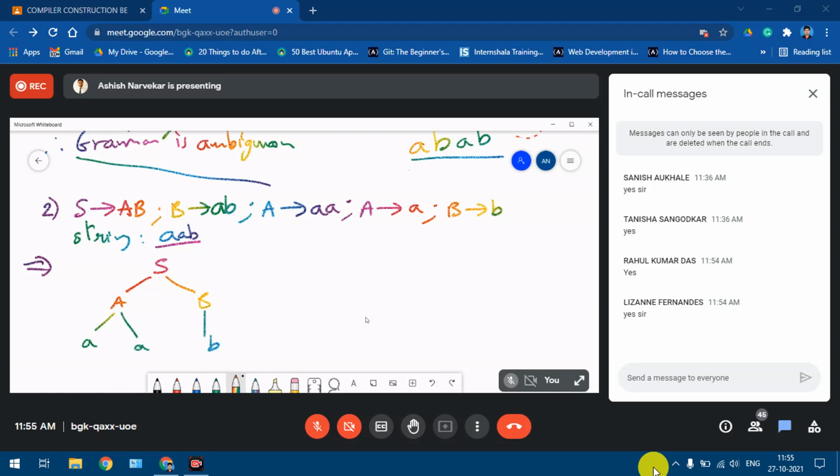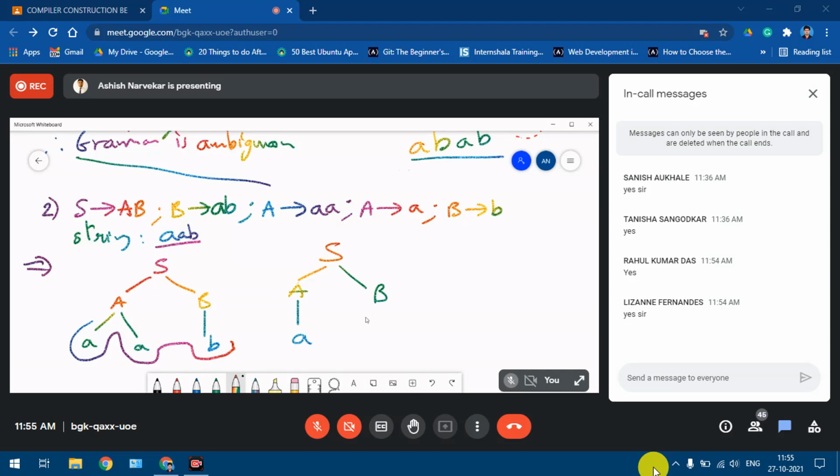If you look at this, what we are getting here is this. Then next, S derives AB. Now this A can be replaced by something else. Suppose we take this A as the small a.